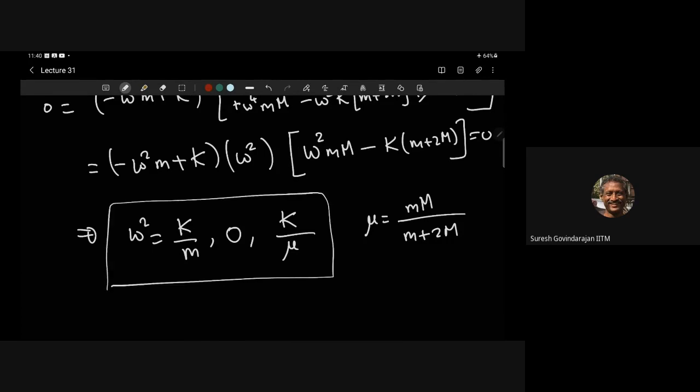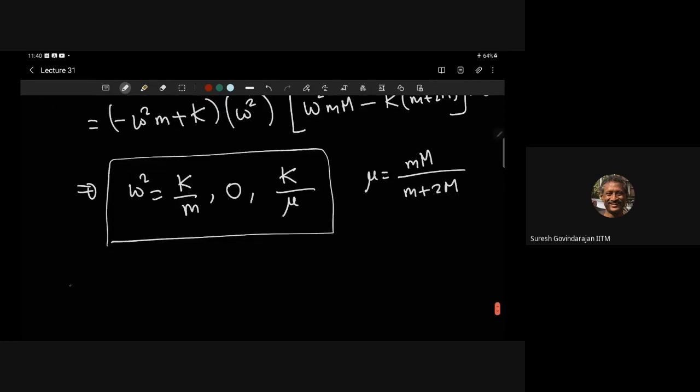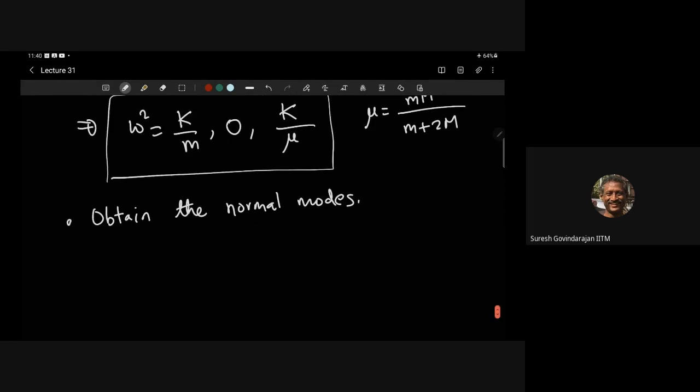And so first thing we notice is that there is omega square equal to 0. Okay, and we would like to ask what is the normal mode corresponding to that. The next step is to obtain the normal modes. Okay, so of course, what does it say?